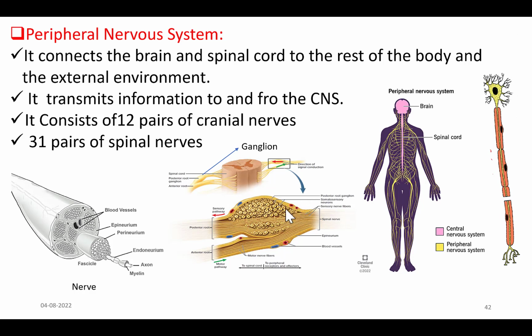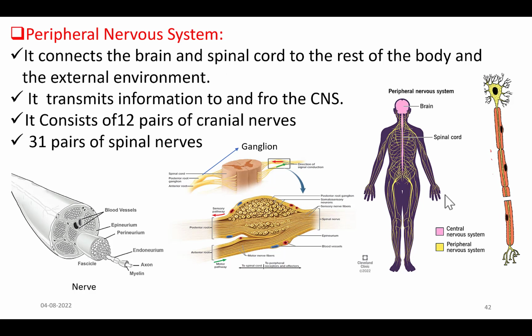A cluster of cytons forms a bump and that bump is called ganglion. Cluster of axons form long cables called what? Nerves. So did you understand what are nerves and what are ganglion? From this we can understand that the nerves and ganglion present inside the body outside central nervous system make up peripheral nervous system.